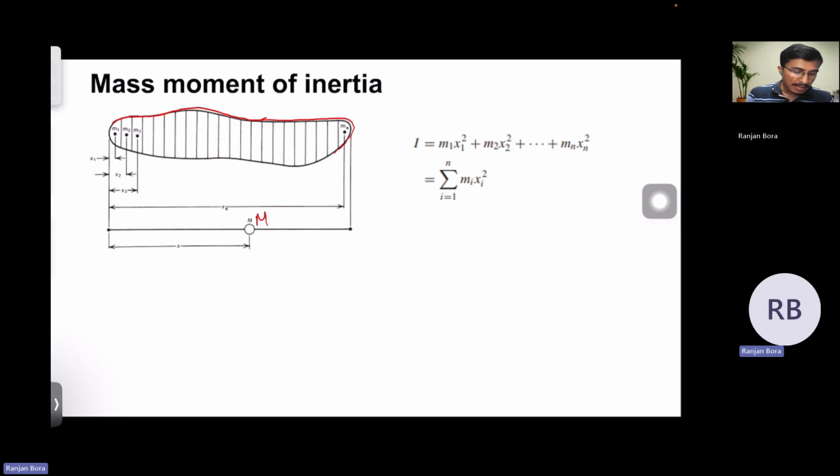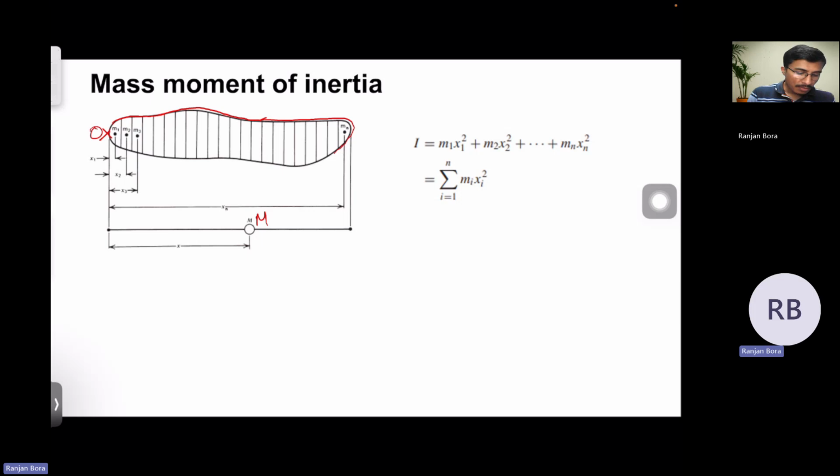So m1 is the mass of small object 1. m2 is the mass of small object 2, similarly up to mn. And now if we want to find the moment of inertia about this axis, which is passing through this point, we'll call it O, we need to know the distance between the axis of rotation and the center of gravity of the mass.